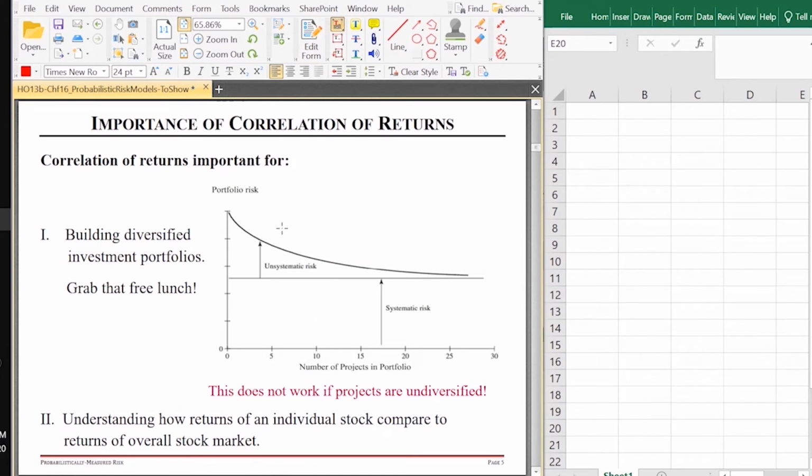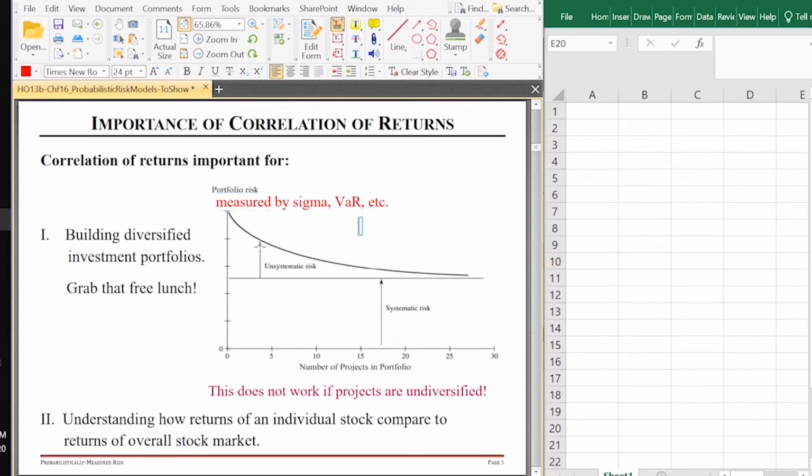So to see more on the importance of correlation, we can see another graph that we've seen before, but if we map on the x-axis of this graph the number of projects in our portfolio, and on the y-axis portfolio risk, which we could say is measured by sigma, our standard deviation of returns, VAR, etc., it doesn't really matter.